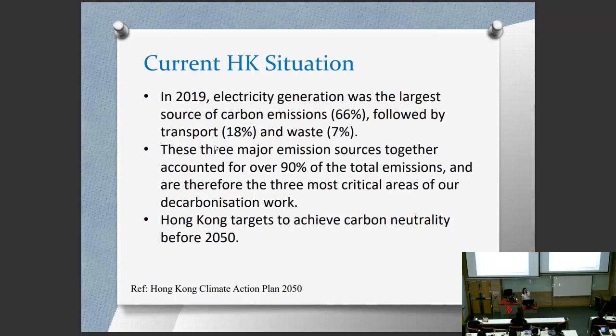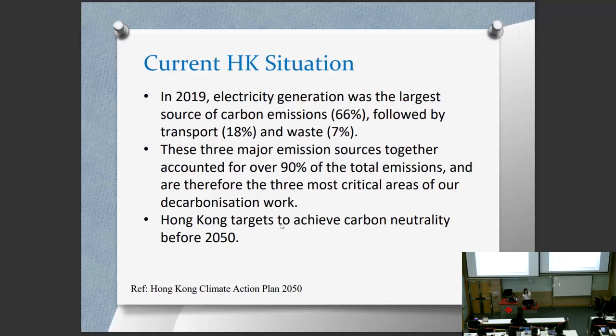These three major emission sources together accounted for over 90% of the total emissions, and are therefore the three most critical areas of our decarbonization work. So if you want to reduce the carbon emissions in Hong Kong, we had better focus on the carbon emissions due to electricity generation, transportation, and waste.